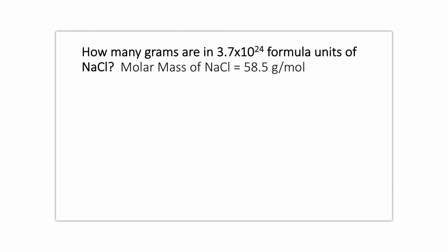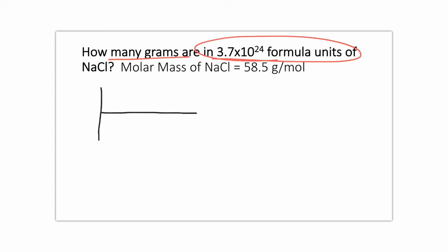Okay, so here's how it goes. I'm going to do this really quickly. So we're going to find out what we're given. So here's my given, and this is what I want, grams. All right, so we're going to set it up. The first thing we've got to do is set up our picket fences. The first picket fence is what we write, the second one is to convert to moles, and then the third is to the want unit.